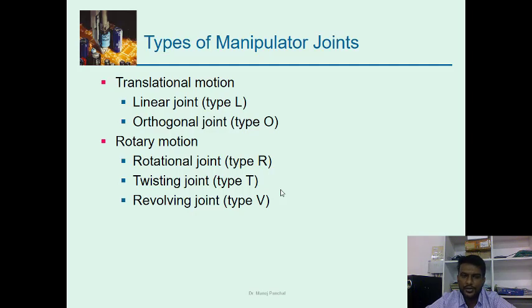The linear joint is written as L, orthogonal joint O, rotational joint R, twisting joint T, and revolving joint V. The only difference is that the revolving joint is V because R is already used. Otherwise nothing special about these. The notation is simply the short form, the initial of the joint name: linear joint L, orthogonal joint O, rotational joint R, twisting joint T, revolving joint V.